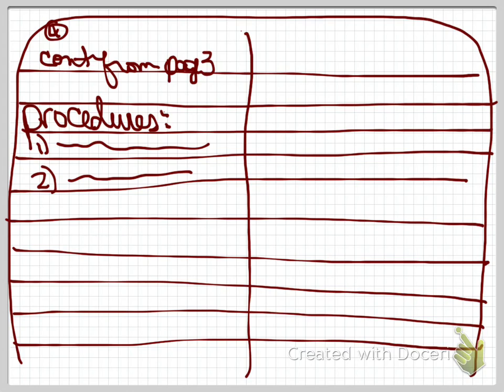It must be written in third person and in past tense. So instead of saying, I did this, say, this was done. Instead of saying, my partner measured the water, say, the water was measured. The volume was. That's how you're going to do it. That's the proper way to do a lab notebook.